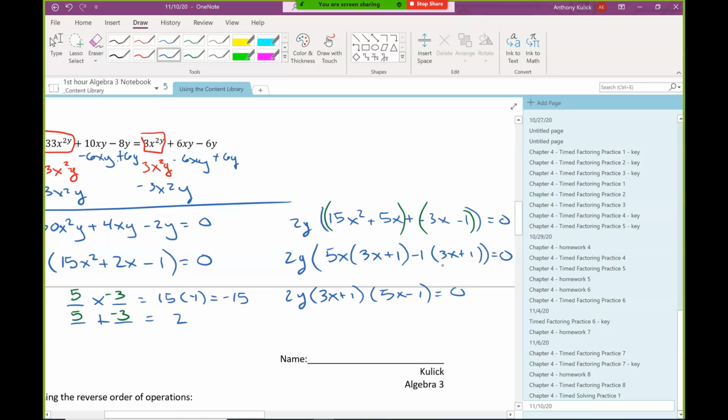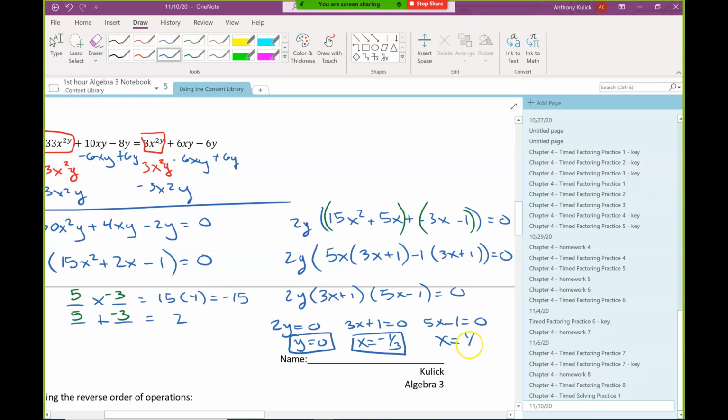And now that I have it in a factored form, I can apply the zero product property and set each of these factors equal to 0 and solve each one of them separately. So if I divide both sides by 2, I get y equals 0. If I subtract 1 and then divide by 3, I get x equals negative 1/3.